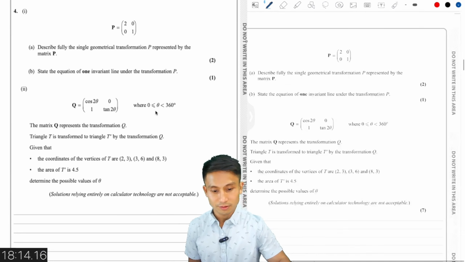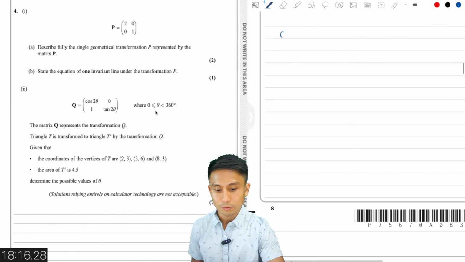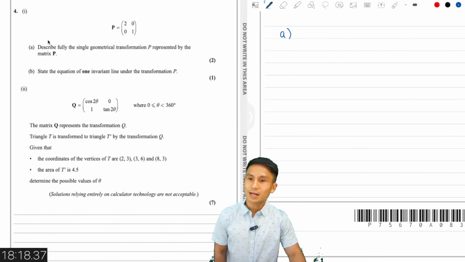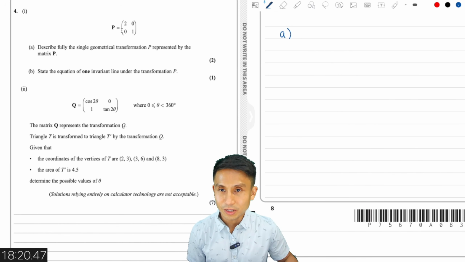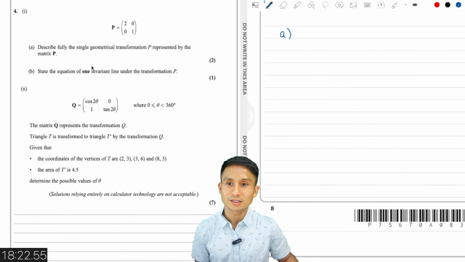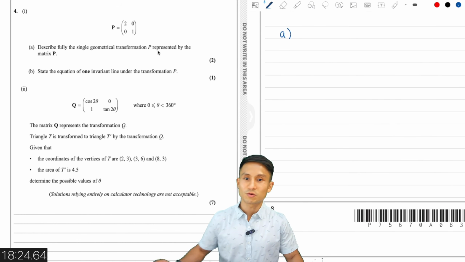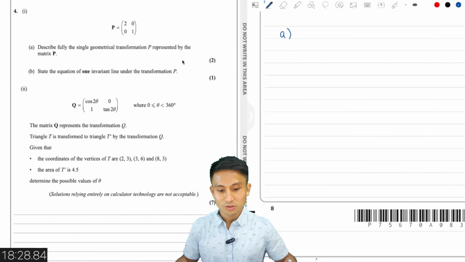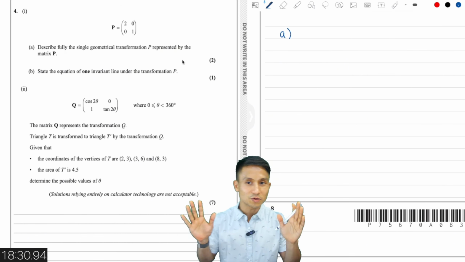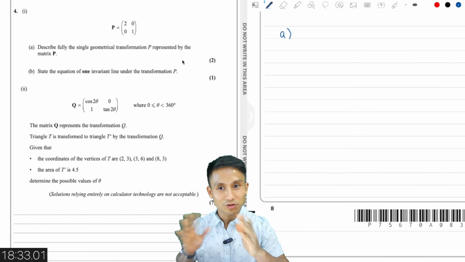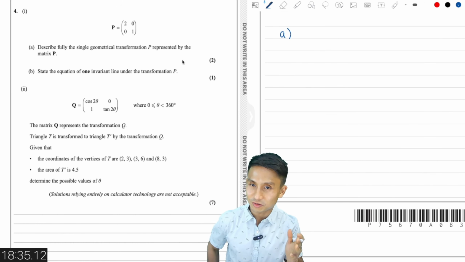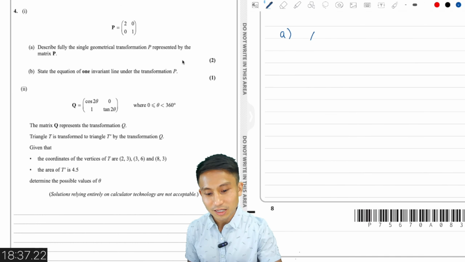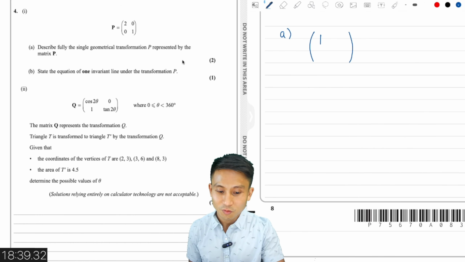Number 4. Okay, part i. Given the matrix P here, describe fully the single geometrical transformation represented by matrix P. I think the easiest way to describe the transformation by a single 2 by 2 matrix like this is to think about the original matrix 1 0 0 1.